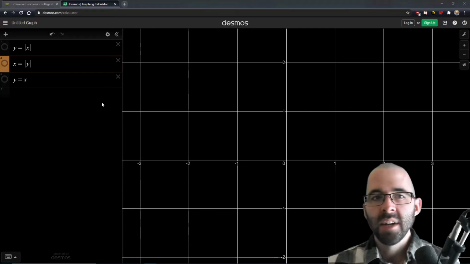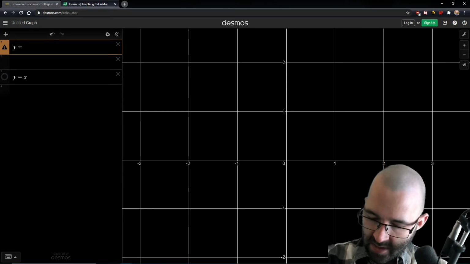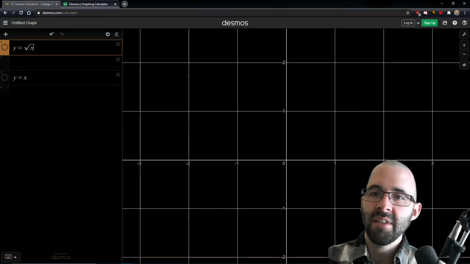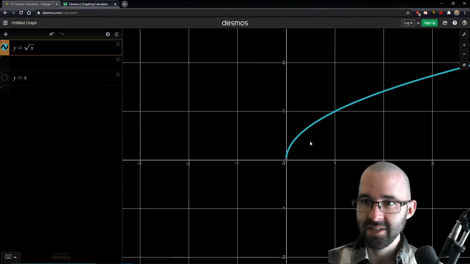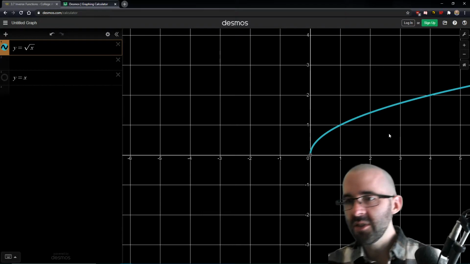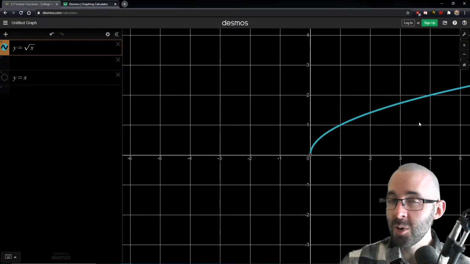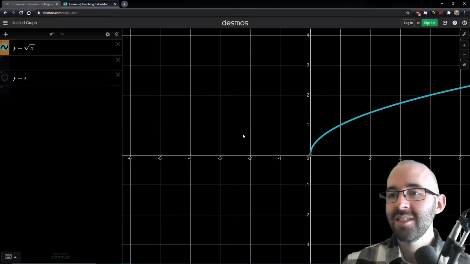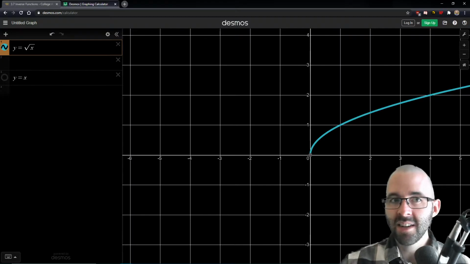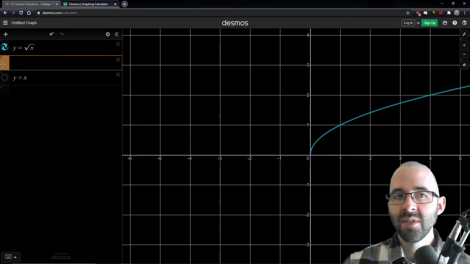So let's just look at some. First one is going to be y equals the square root of x. There it is. So does this have an inverse function? Is this one-to-one? Does it pass the horizontal line test? All of these questions have the same answer. It does pass the horizontal line test. It will have an inverse function.